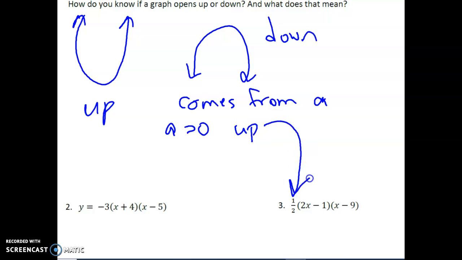Well, that means that this one, if I were to graph it, would open up because I have a positive A value of 1/2. If my A value is less than 0, if my A value is negative, then the graph is going to open down, which means that this one would open down because my A value is -3, which is a number that is less than 0, so therefore the graph is going to open down.